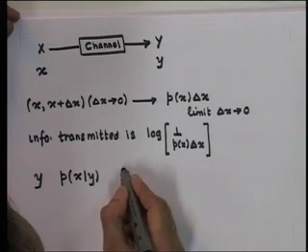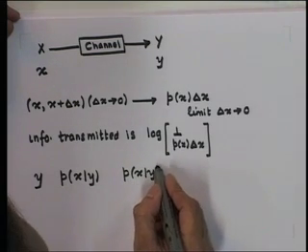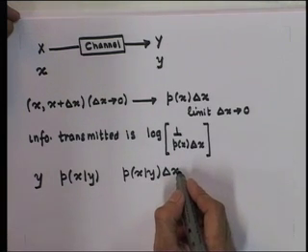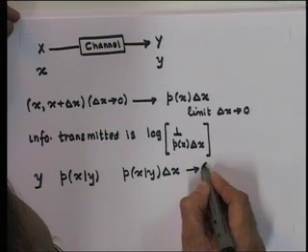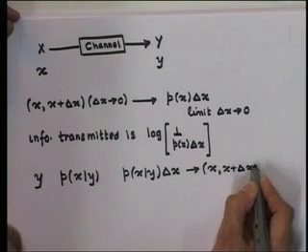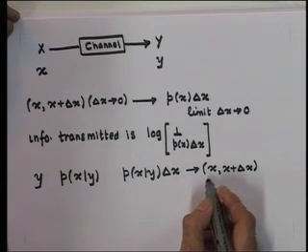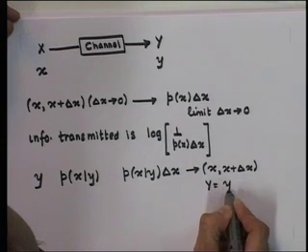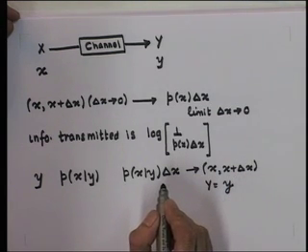Then probability of x given y multiplied by delta x is the probability that the random variable x will lie in the interval x to x plus delta x when the random variable at the receiver is equal to y, provided delta x tends to 0.